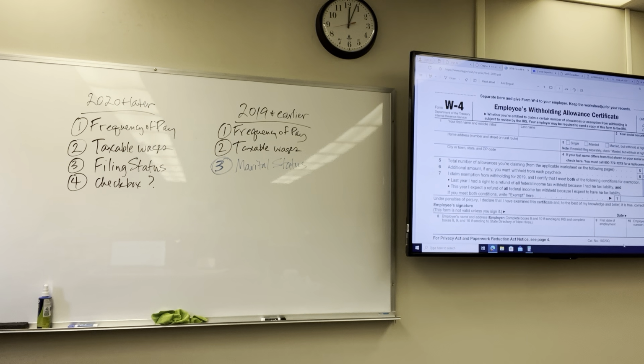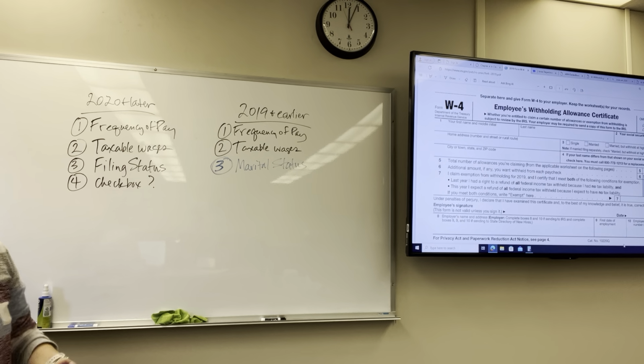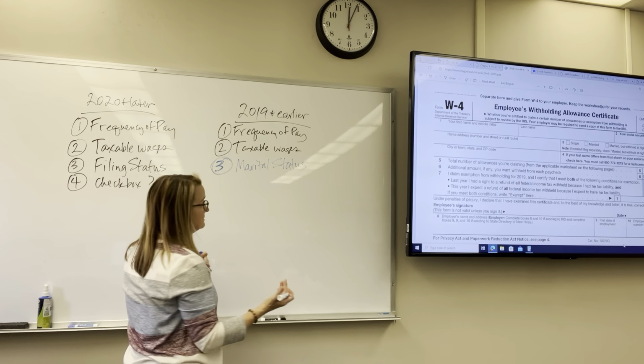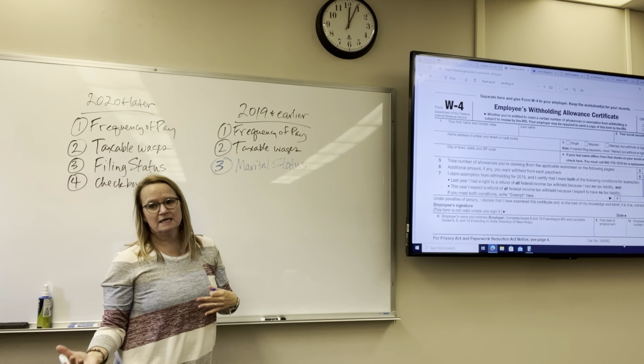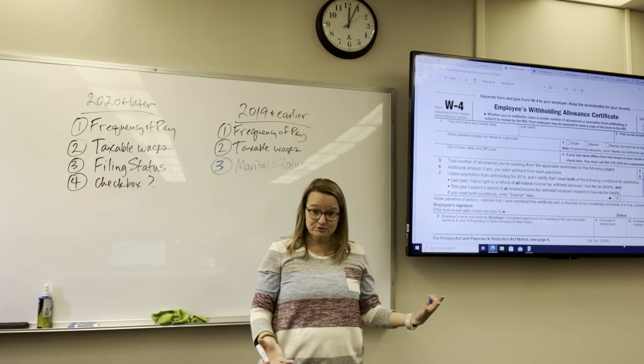Although they are related, because filing status is determined by marital status. Marital status and filing status are not the same thing. So marital status is easier, you're either married or you're not, right? Filing status, you've got that choice of 5 different filing statuses. Again, dependent upon what your marital status is, but you could be unmarried and you could have a child, which would give you head of household status.